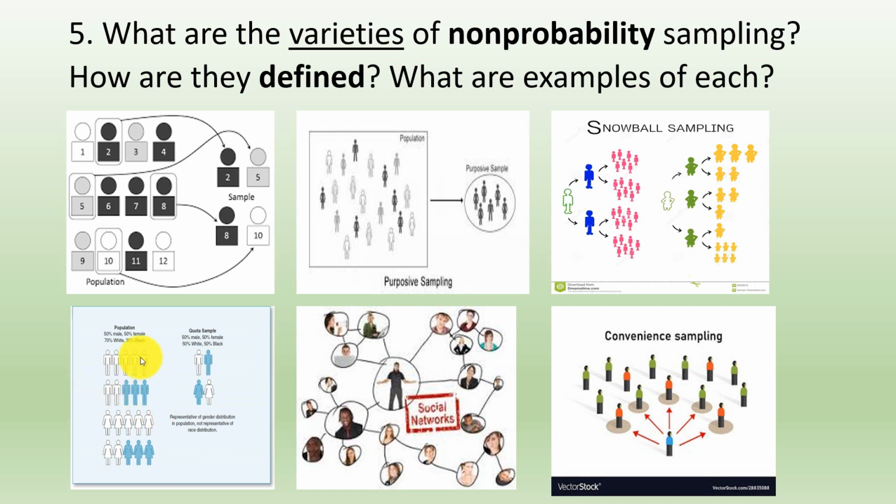Coming down to the bottom row now, we can see in the far left, this looks an awful lot like the stratified random sampling. And for the most part, they look exactly like each other, except for the mechanism of collecting the participants. With the stratified random sampling, you truly were using randomness, or you're using probability to select the participants.